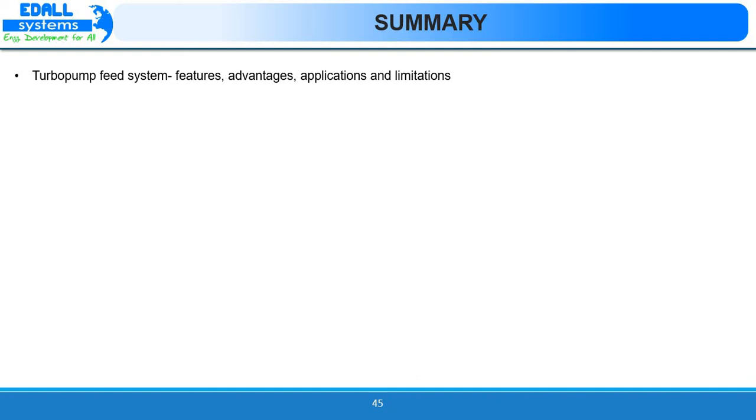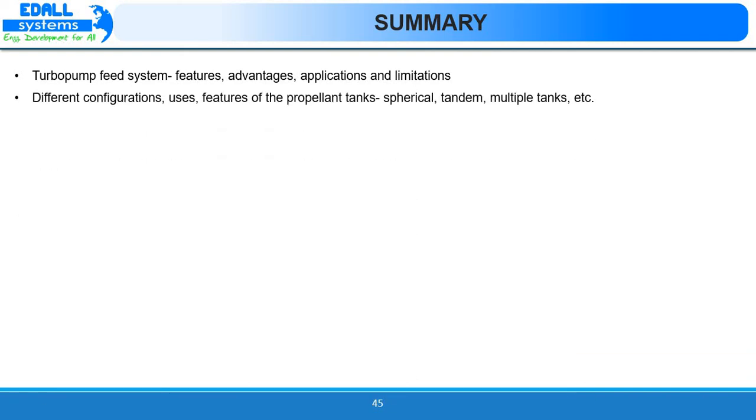So the turbopump feed systems are mostly used where the application needs high total impulse and high thrust, which also provides less tank size. Then we discussed different configurations of propellant tanks, their features and categories, and why the spherical tank configuration is more suitable but also has a disadvantage when we go for multiple operations.